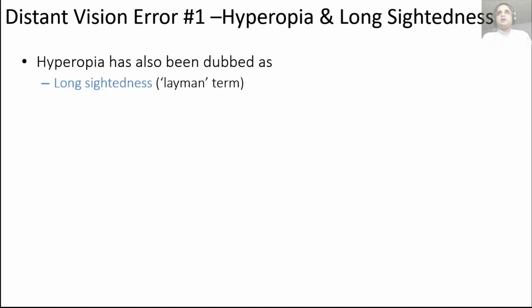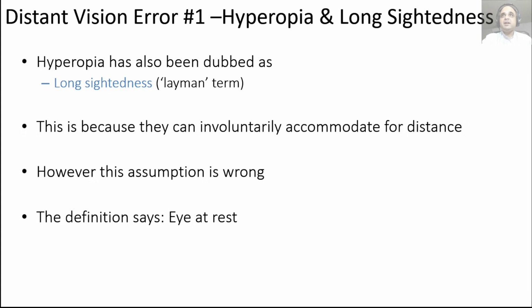So let's discuss the abuse of this terminology, long-sightedness. Hypermetropes have also been, this refractive status has also been called long-sightedness. In fact, many medical textbooks describe this as long-sighted, and they are called long-sighted because they involuntarily use their accommodation for distance.